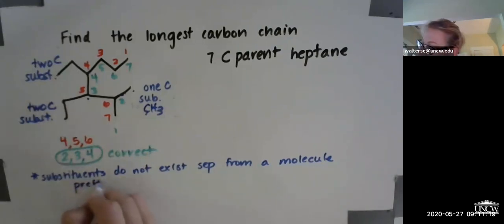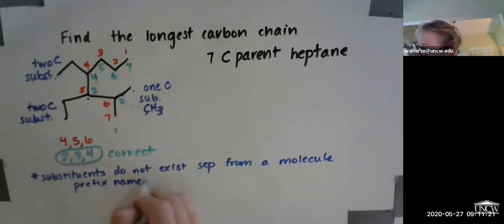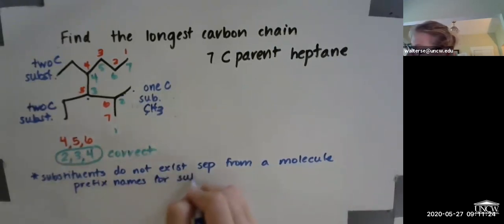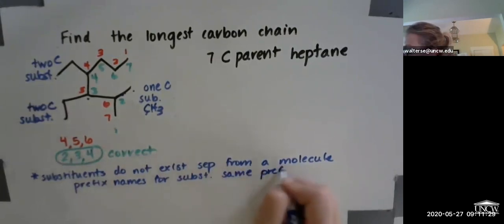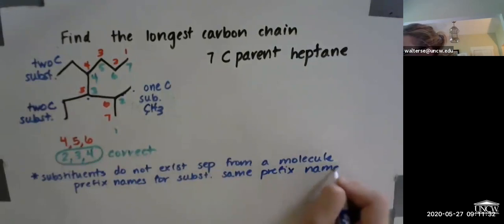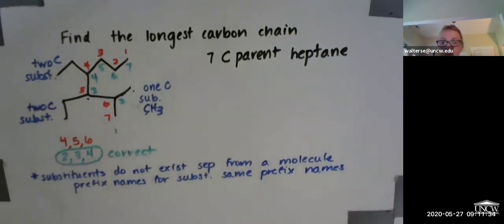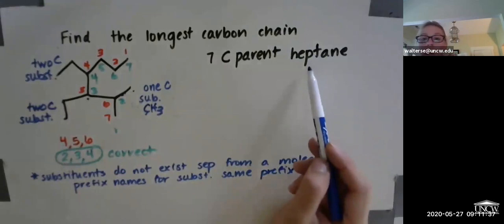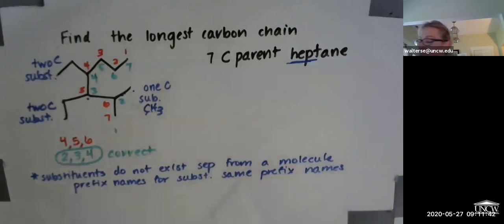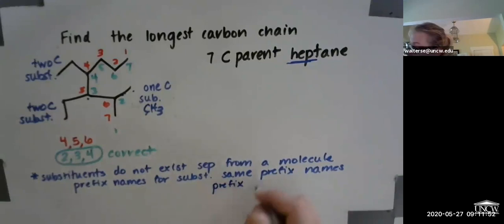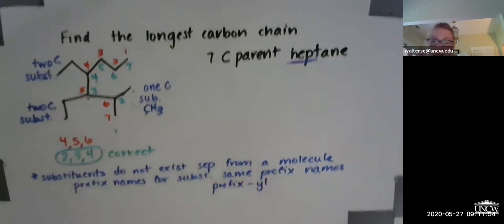The prefix names for substituents are the same as the prefix names for carbon chains in the parent. So if you had a 7 carbon substituent, you would still use hept. But since it's not separate from the molecule and has no identity on its own, you use the prefix name, then you use the ending yl.